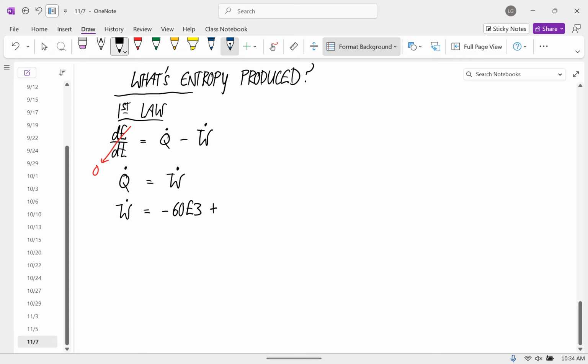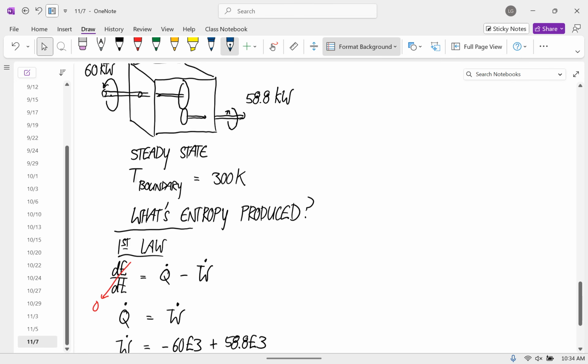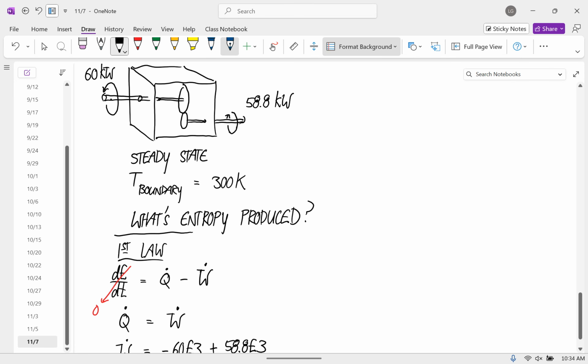So we have plus 58.8 times 10 to the third. And so that's Q. And so Q is equal to negative 1.2 times 10 to the third watts. Okay. That makes sense that heat is going to be coming out of this. We're not talking about heat being added to the system.